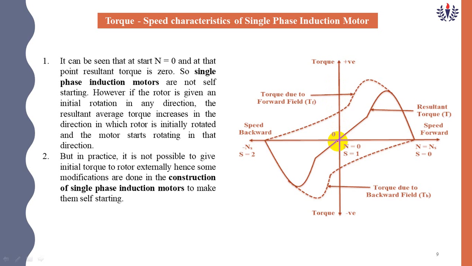So a single phase induction motor is not self-starting. However, if the rotor is given initial rotation, that is, if you apply the voltage, then the motor will slowly start running.